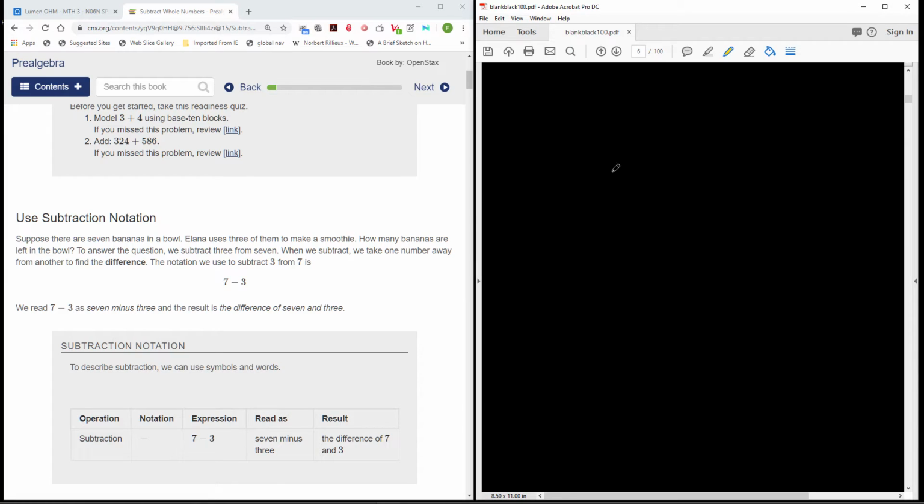So on a number line, if I had drawn that 0, and that's 3, and that's 7, subtraction is simply going to be the difference between 7 and 3. So this is the difference between them. We can represent that algebraically by saying simply 7 minus 3.